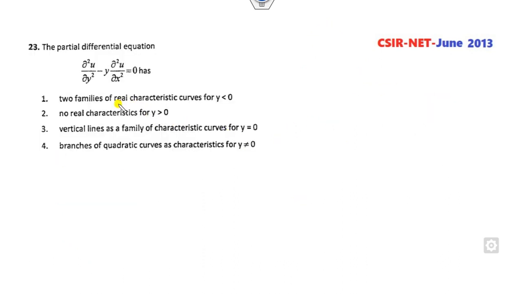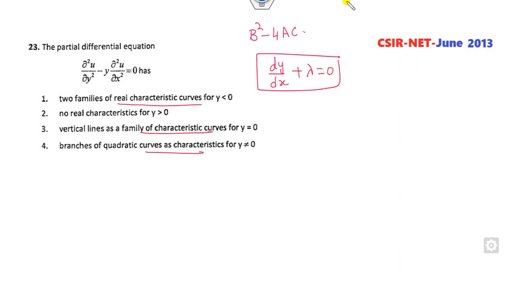Okay, this is again the characteristic curve. So whenever there is a characteristic curve, you have to find the b square minus 4ac. How do you find the characteristic curve? Firstly, the characteristic curve is dy/dx plus lambda, and lambda is the root of a lambda square plus b lambda plus c is equal to 0.